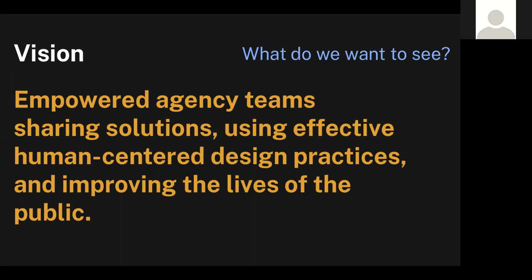I think what we're looking to see are empowered agency teams sharing solutions, using effective human-centered design practices, and improving the lives of the public. That's really what it's all about. It's no static place, but getting to something like that feels really good, and that's why we're doing what we're doing.